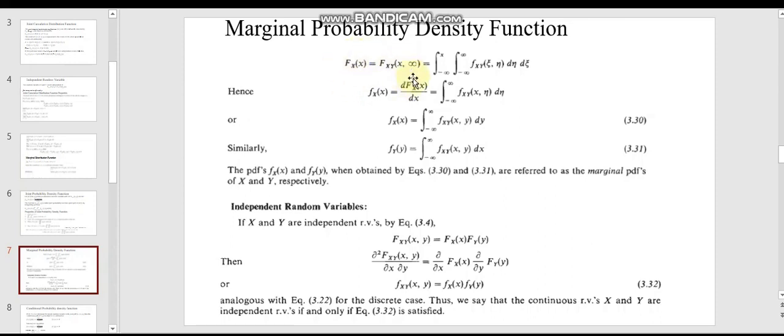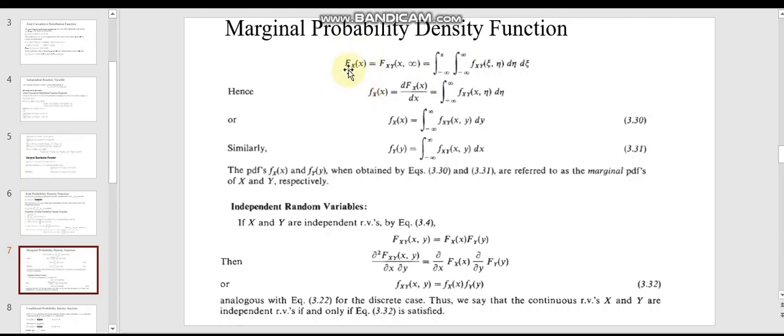It can also be attained by integrating the joint PDF of the two random variables, integrating y from minus infinity to infinity, and x from minus infinity to x. This is equal to the marginal CDF of x.